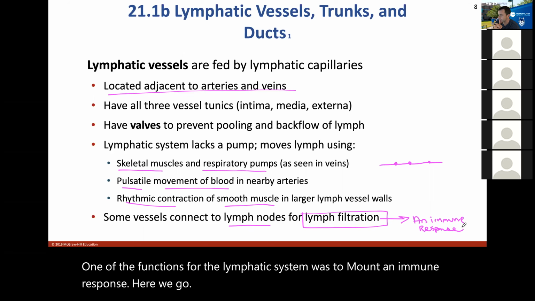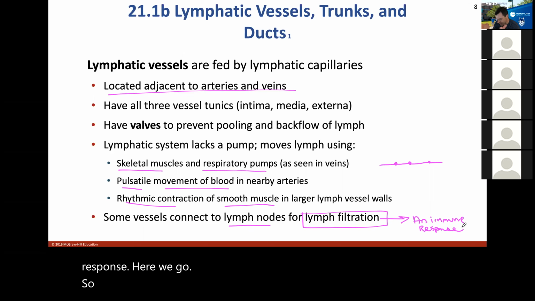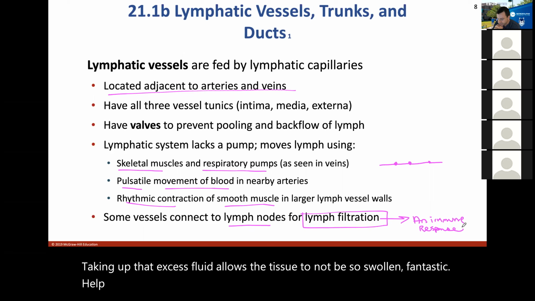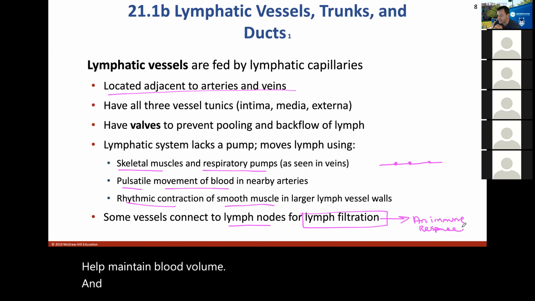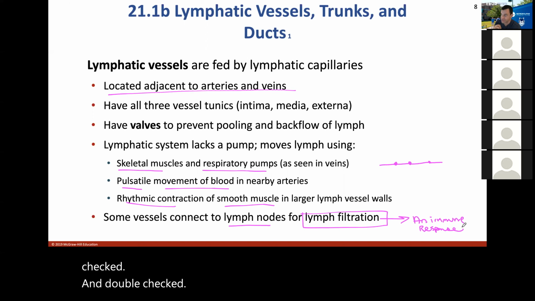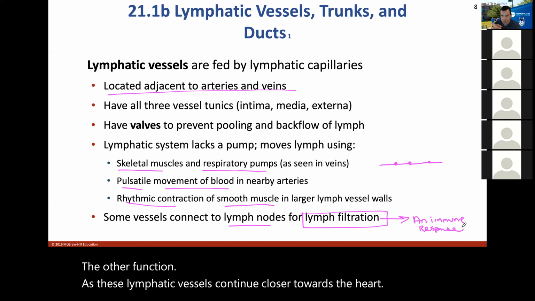So we started in a capillary bed and we took up this excess fluid. Taking up that excess fluid allows the tissue to not be so swollen. Fantastic. Help maintain the blood volume. And it also allows this fluid to now enter into a system that can be checked and double checked. The other function. As these lymphatic vessels continue closer towards the heart, they start to merge.